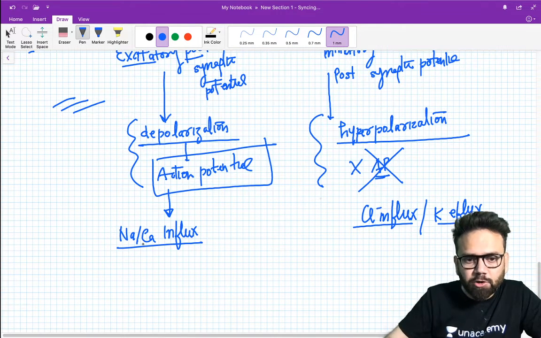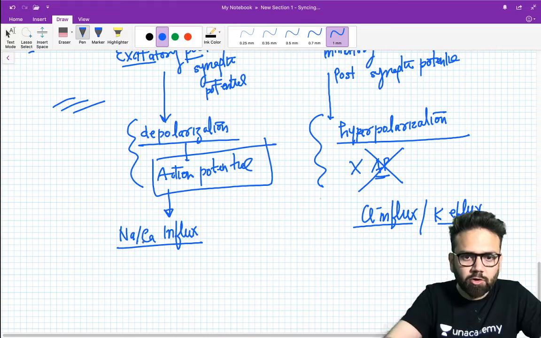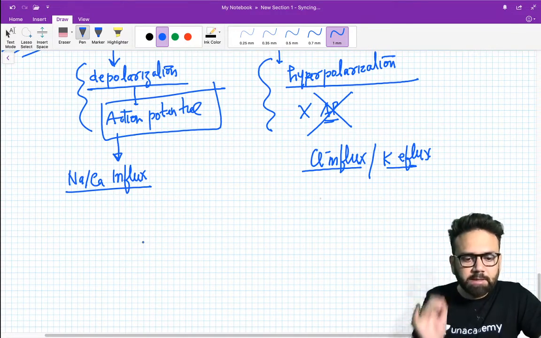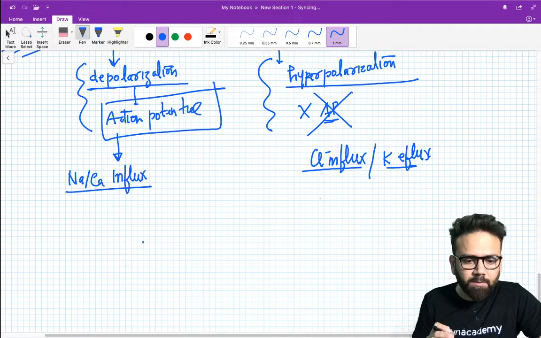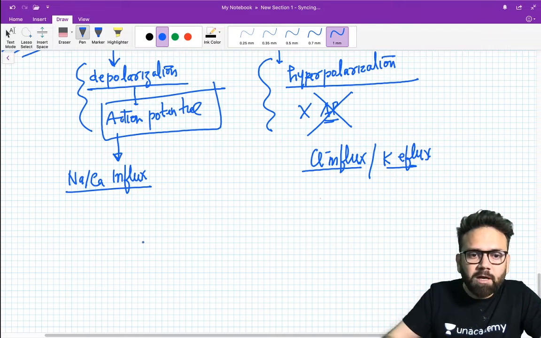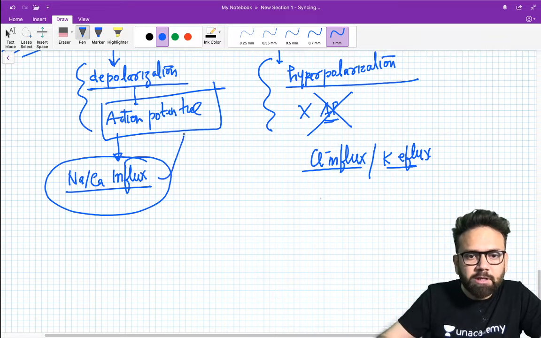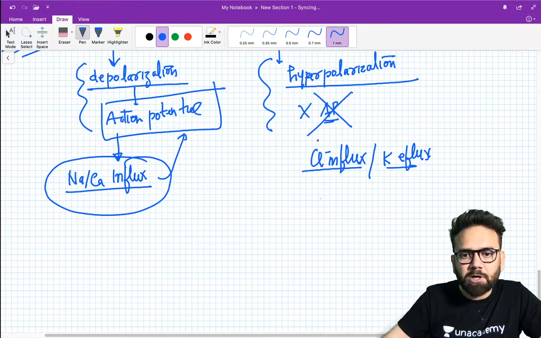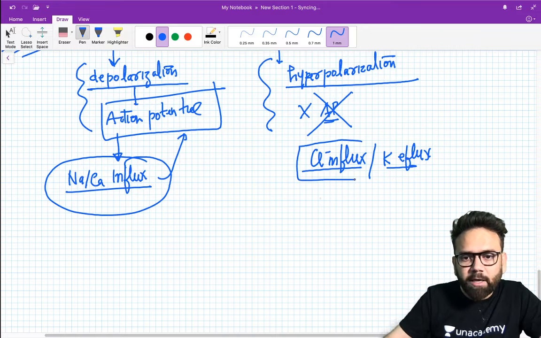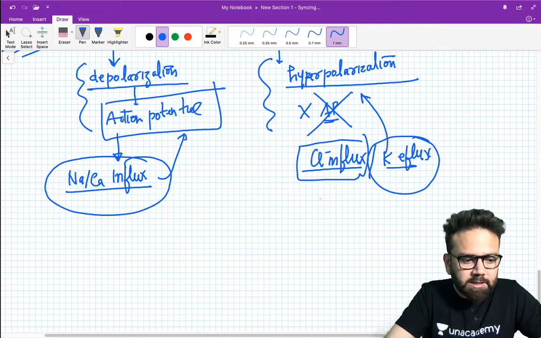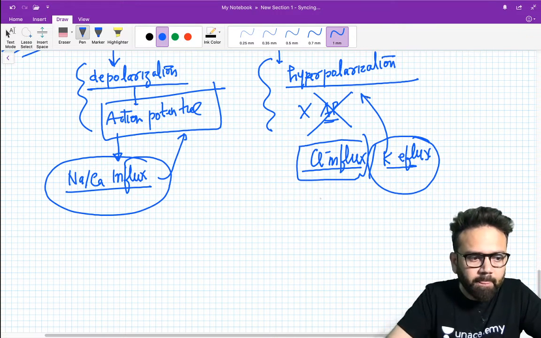Is this okay or not? Can you understand this? Because in PGI you will see so many questions. They will ask which is causing EPSP, which is causing IPSP. So don't get confused. Whenever cation is going inside, it can cause depolarization and action potential. When anion is going inside or cation is going outside, it can cause hyperpolarization. Is this concept clear or not?